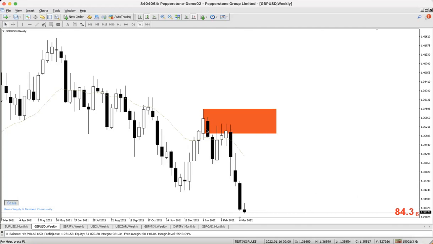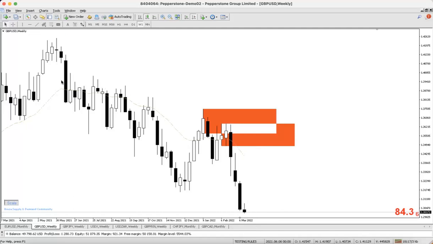It was a fresh zone and the market went down to retest this area and then the market fell down. So now the fresh one is this one. Meaning there's a high possibility that the market can go back, reverse, test this area, and then go down.